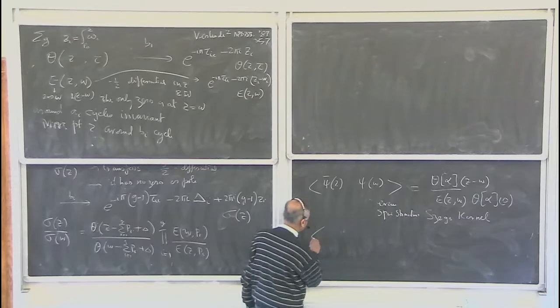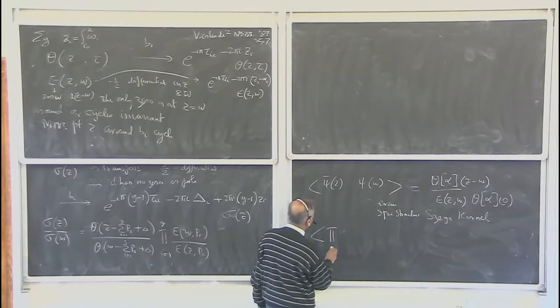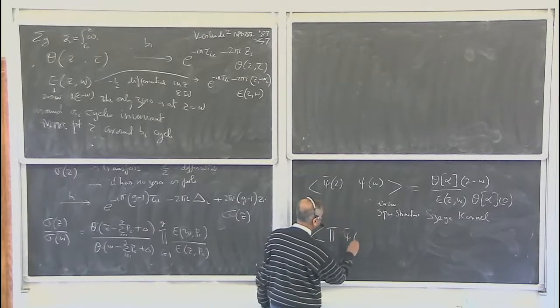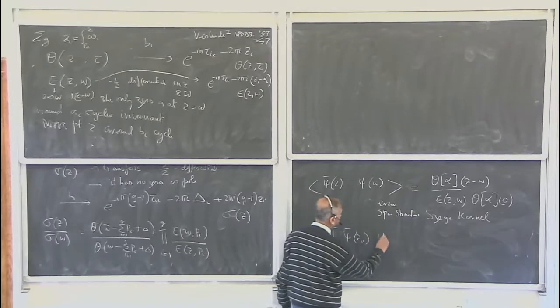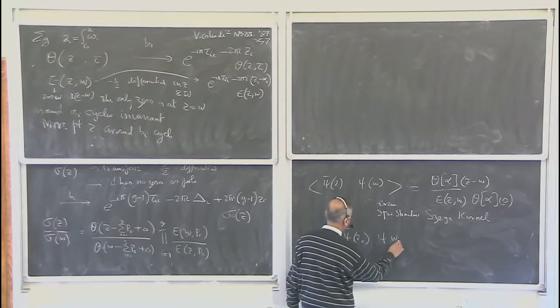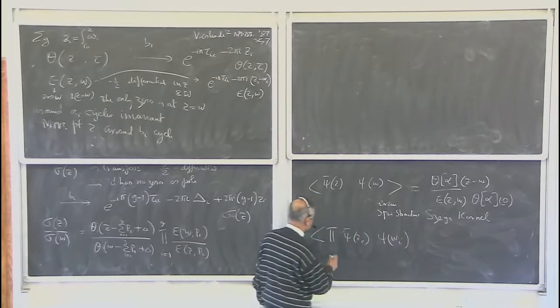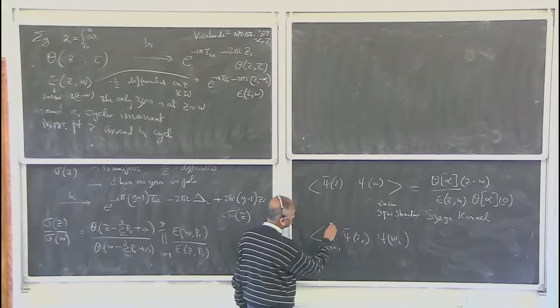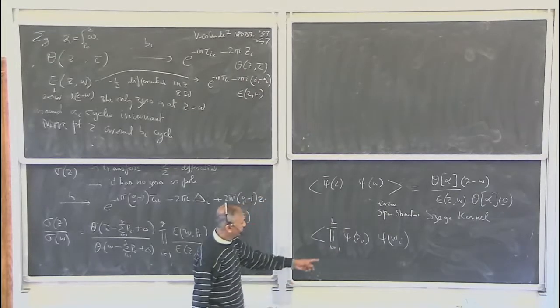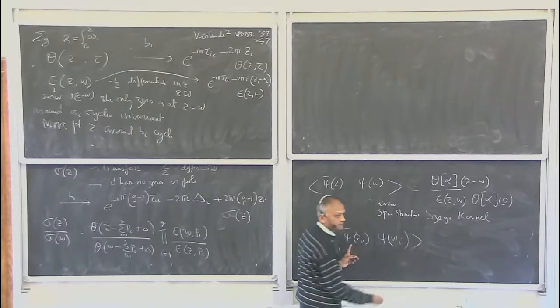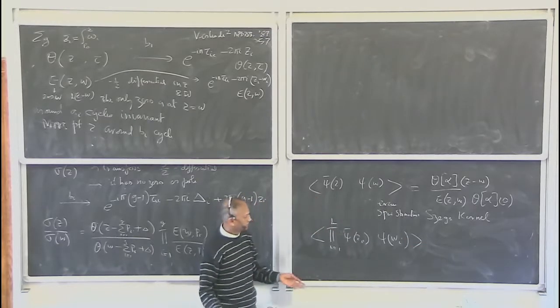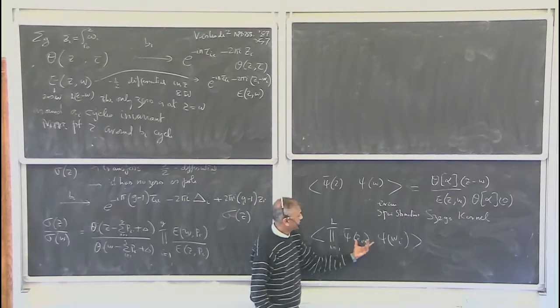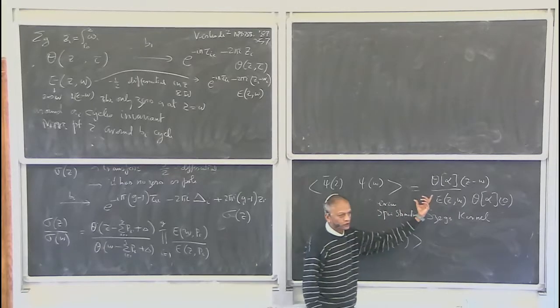In general, if I take, say, products of psi bar(z_i), psi(w_j), and product i from 1 to something, k, let's say, then I can just use Wick's theorem, because after all, these are free fields. So you can just, for each pair, get these Szego kernels, right?